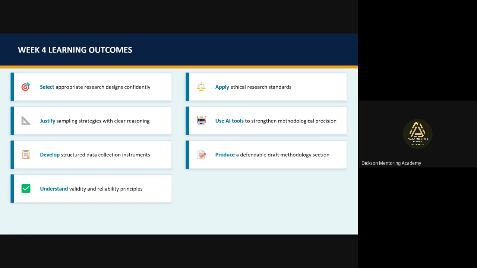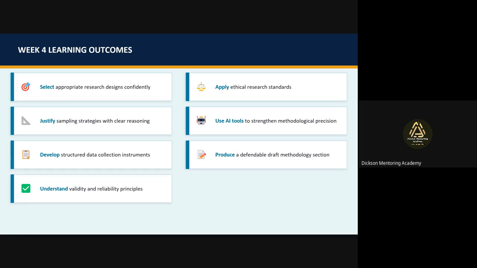And we'll be looking at selecting an appropriate research design, justifying sampling strategies with clear reasoning, developing structured data collection instruments, applying ethical research standards, integrating AI tools, and producing a defensible draft methodology section.